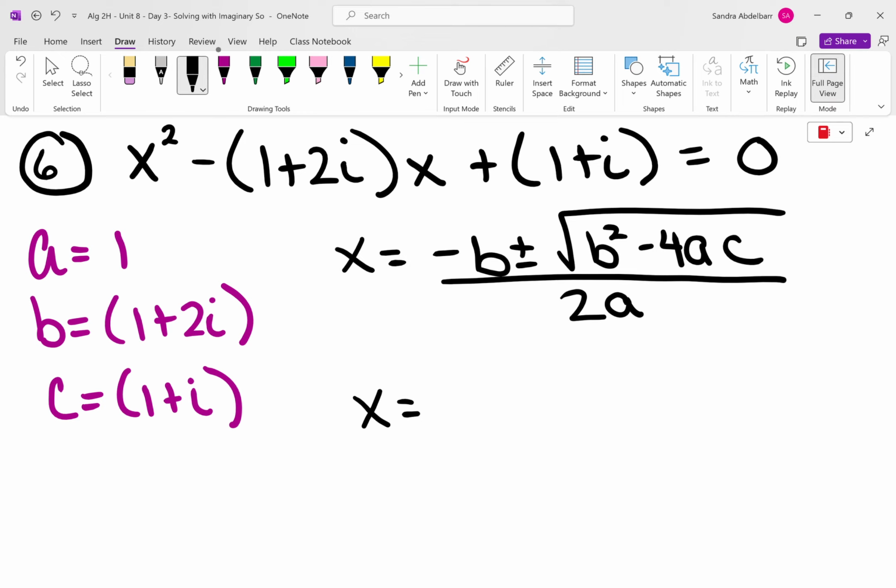And now we plug in. So I'm going to be careful here. When it's negative b, it's going to be, oh, sorry guys, that b was a negative, right? Nobody caught that, or you just didn't say anything? All right, our b is a negative. So when it says negative b, what am I going to do? Turn it positive, so 1 plus 2i.